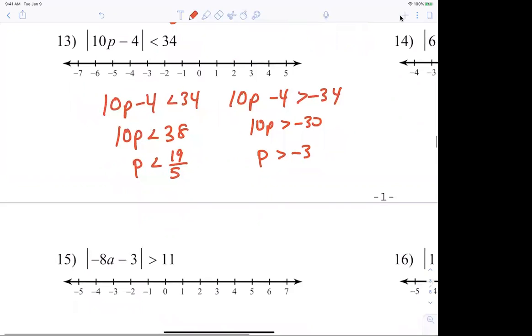Now, again, if you want to put that on a number line, you can. But I don't really care about the number line. I care about whether you understand that if you're greater than negative 3, you're less than 9.5. You should be able to see that right now. All right, any questions?